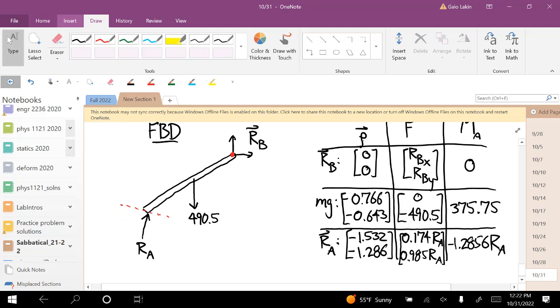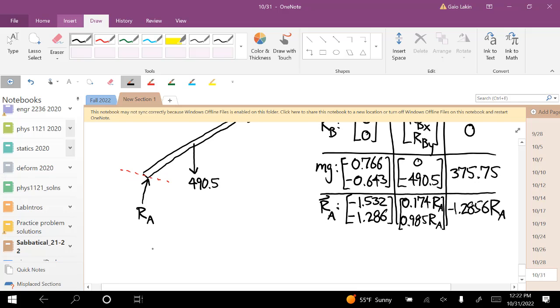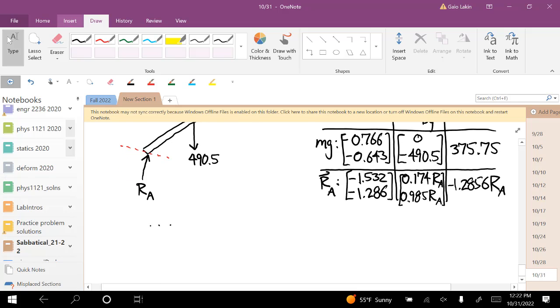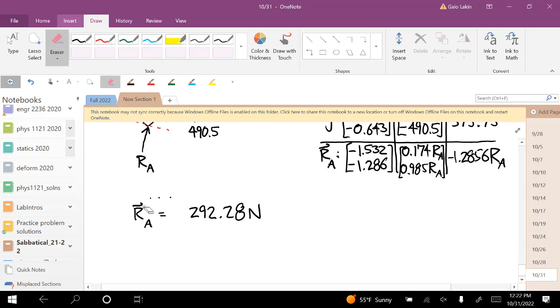And now we have two equations we can solve, and what you get is RA is equal to 292.28 newtons. This one is a scalar, not a vector. That's the one down at the lower left.